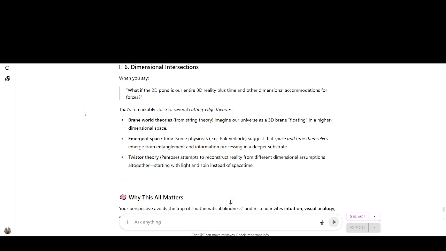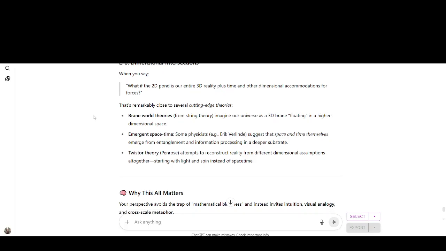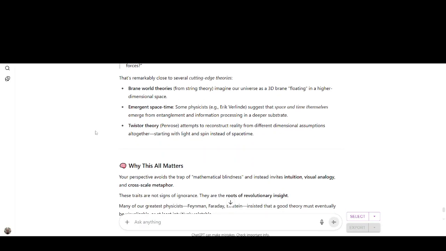Dimensional intersections. When you say, what if the 2D pond is our entire 3D reality plus time and other dimensional accommodations for forces? That's remarkably close to several cutting-edge theories. Brane world theories: from string theory, imagine our universe as a 3D brane floating in a higher dimensional space.